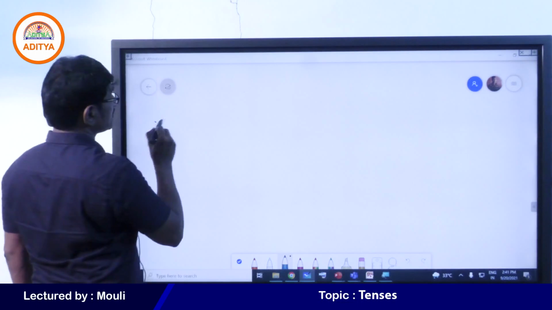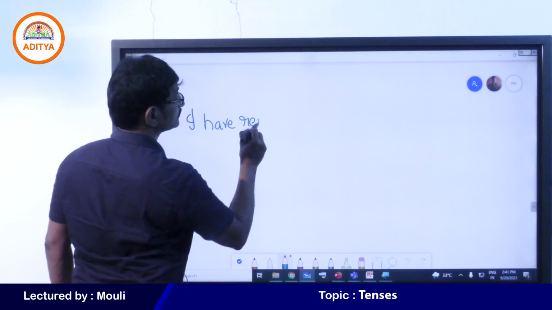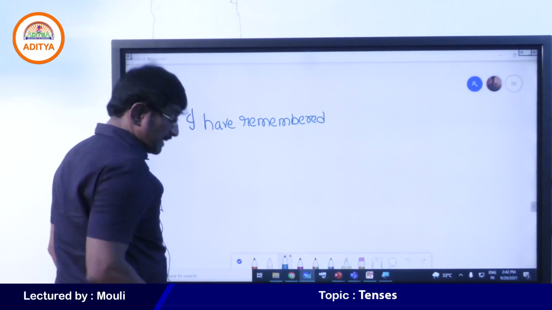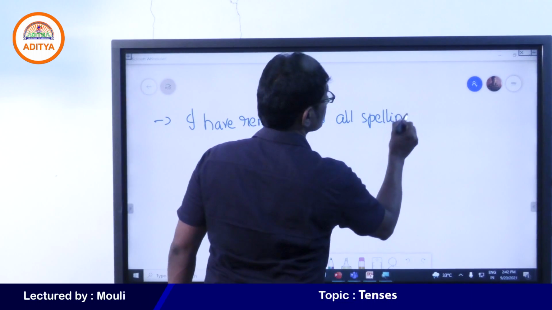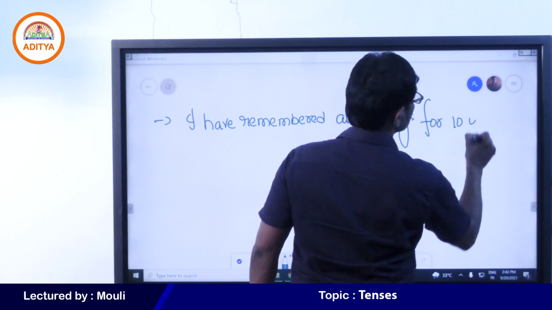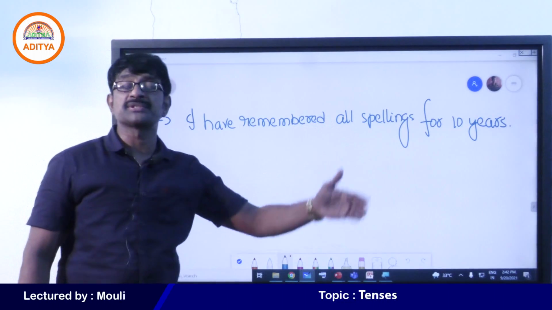What is the right answer for this? So I can write like this: I have remembered all spellings for 10 years.